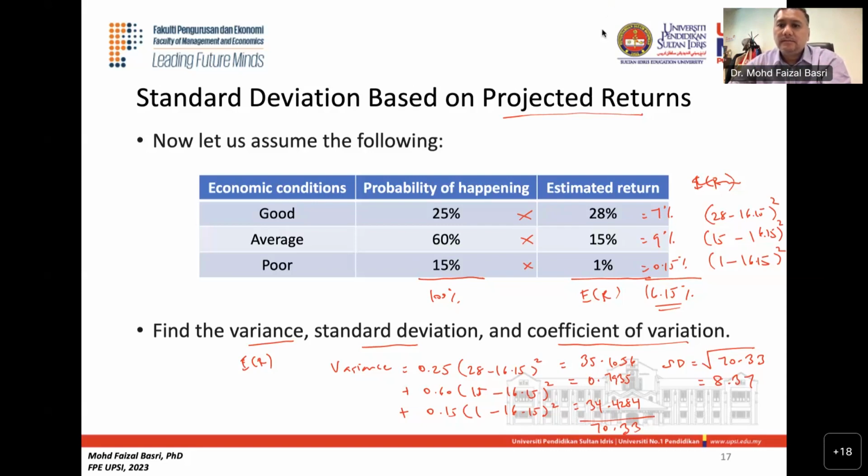Okay, good. Thank you, Ida. 70.3275. Yeah. Better to have four decimals actually. 70.3275. So if we square root that, the answer is slightly more, 8.39. So then 8.39.